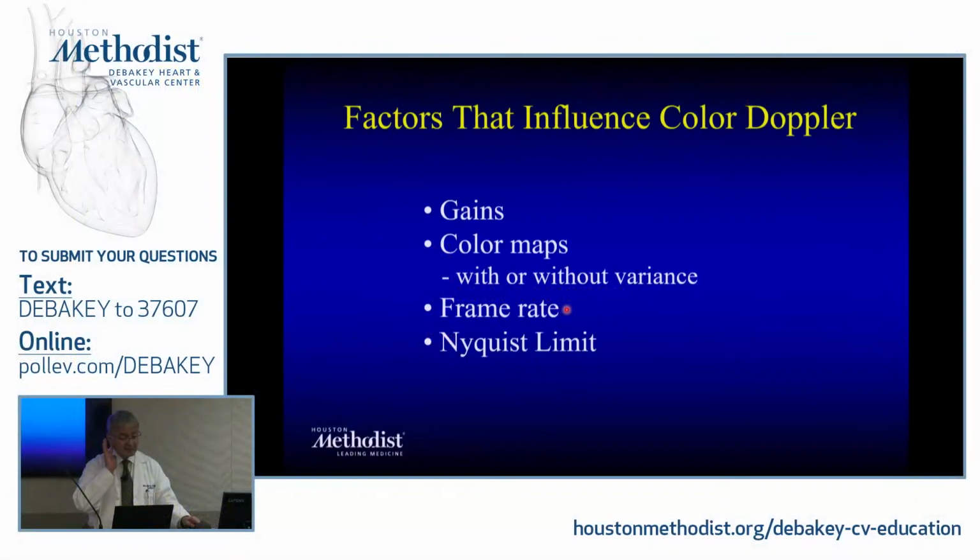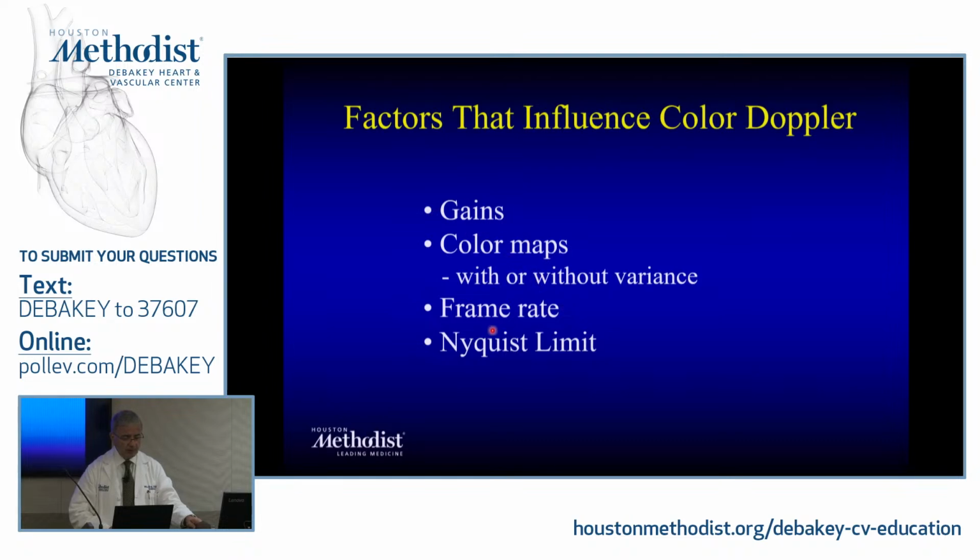Color Doppler is sensitive to gains. Unfortunately, we don't have a button that tells me this is the optimal gain. Usually they're optimized in a way, but ideally you increase your gain significantly when you have a lot of fuzz in the background and decrease it so you don't see the fuzz. That's optimized for that particular person.